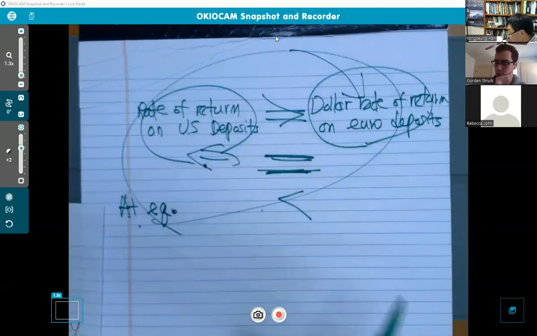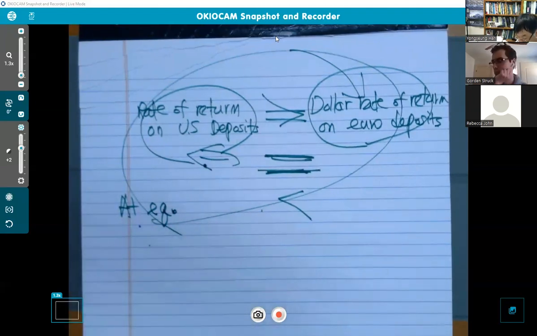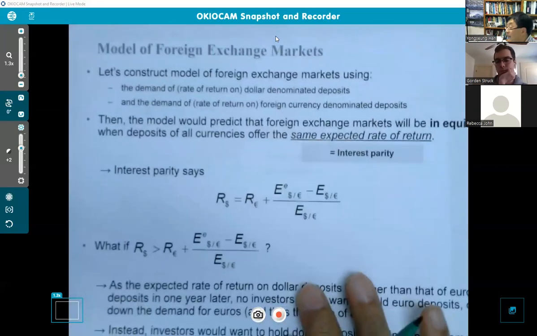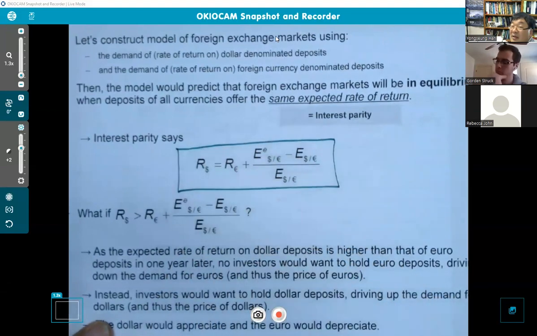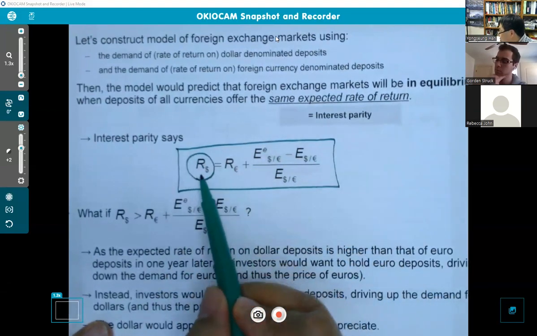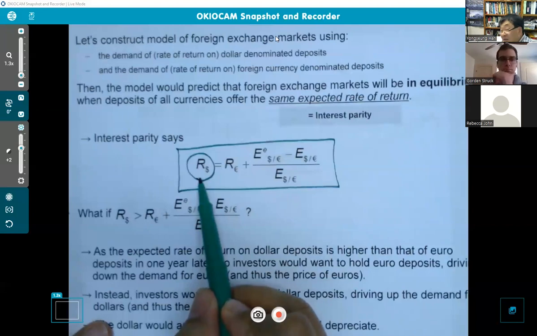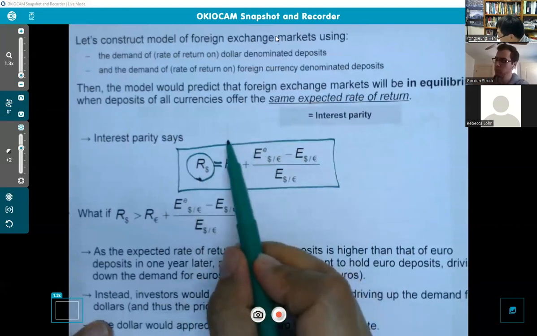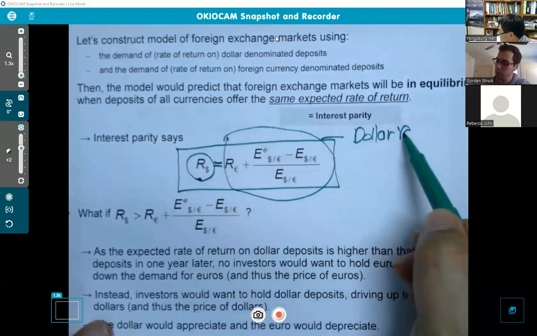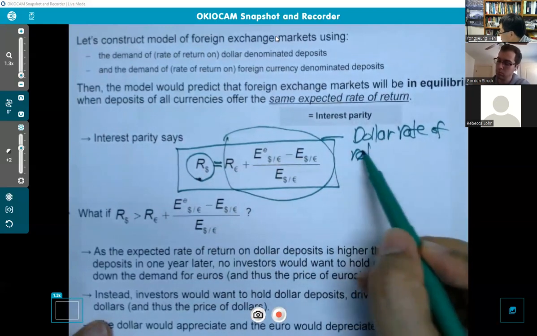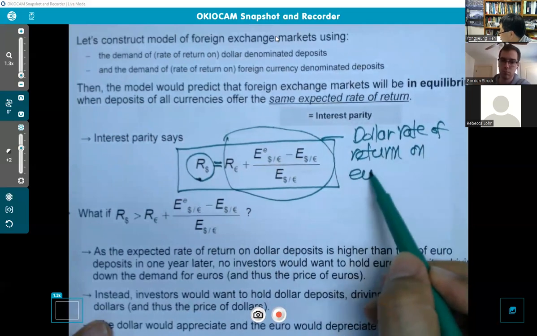Based on this concept, what we can see is this formula. As you see from here, the rate of return on US deposit is the same as this right hand side, which is called the dollar rate of return on euro deposit.